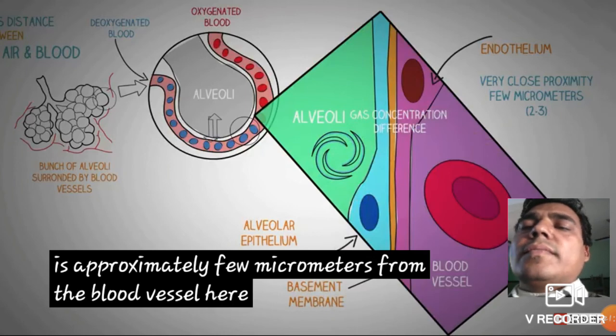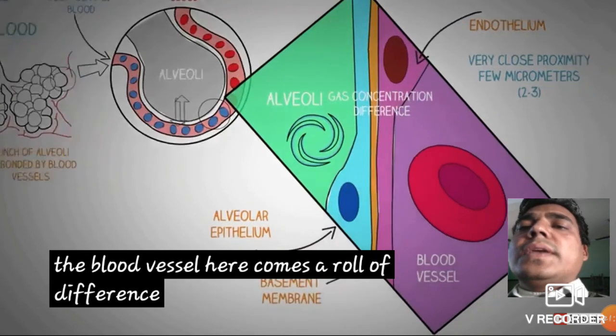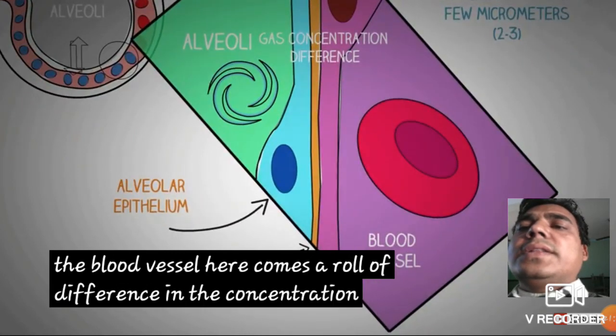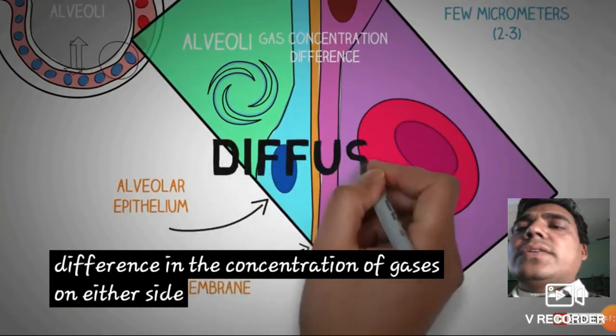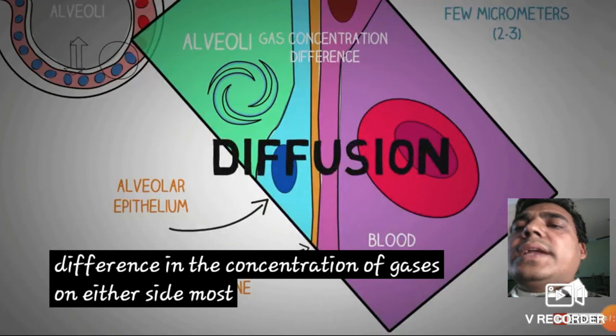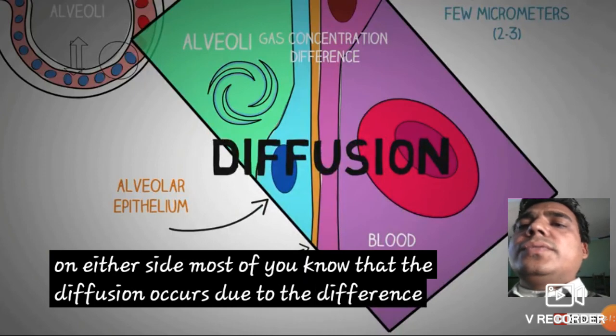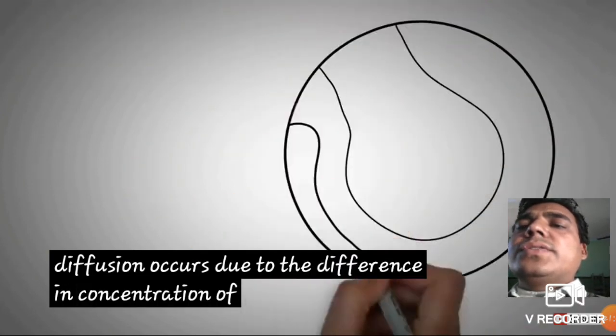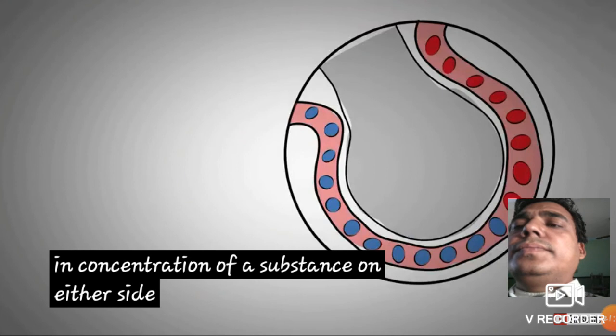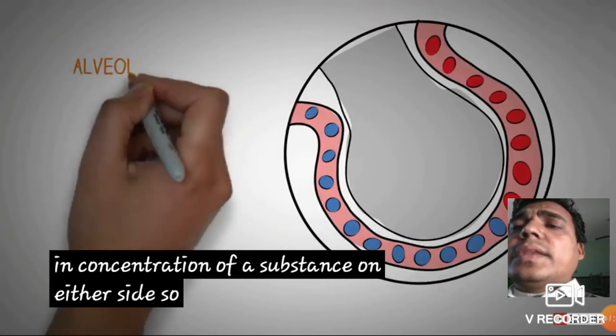Here comes the role of the difference in the concentration of gases on either side. Most of you know that diffusion occurs due to the difference in the concentration of a substance on either side.